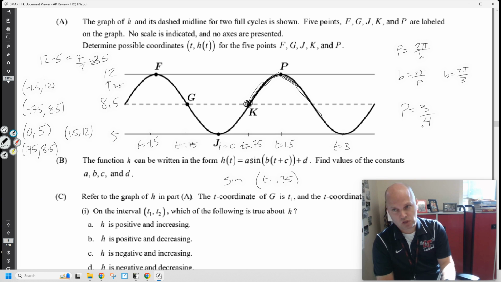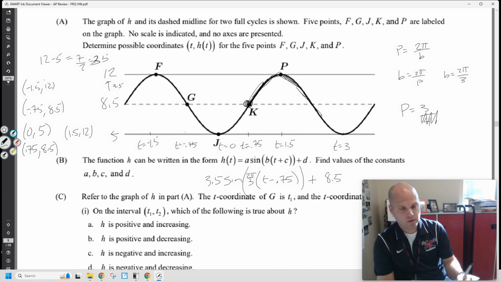I know the period is 3. So 2 pi over 3 gives me B. I've shifted my midline up, and I have an amplitude of 3.5. So A is 3.5, B is 2 pi over 3, C is negative 0.75, D is 8.5.